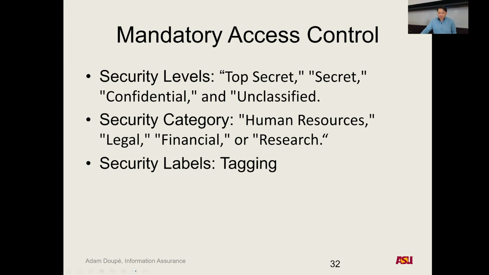So which organizations are good for these kinds of systems? Top secret, secret, confidential. So yes, military, right? Military or government agencies like the FBI. So we can see these marks or labels in the movies, like a spy movie, right.